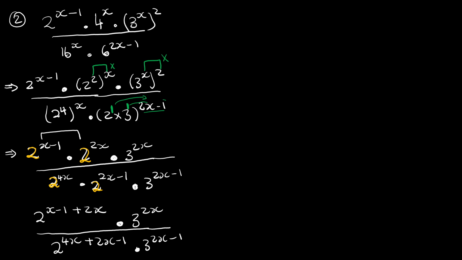Okay, so let's continue working on this problem. Look at what we have. Let's add the like terms. The like terms that we have here, this guy and that guy. So it's x plus 2x, which will give us 3x. So I'm going to write this as 2 to the power 3x, and then we still have minus 1.